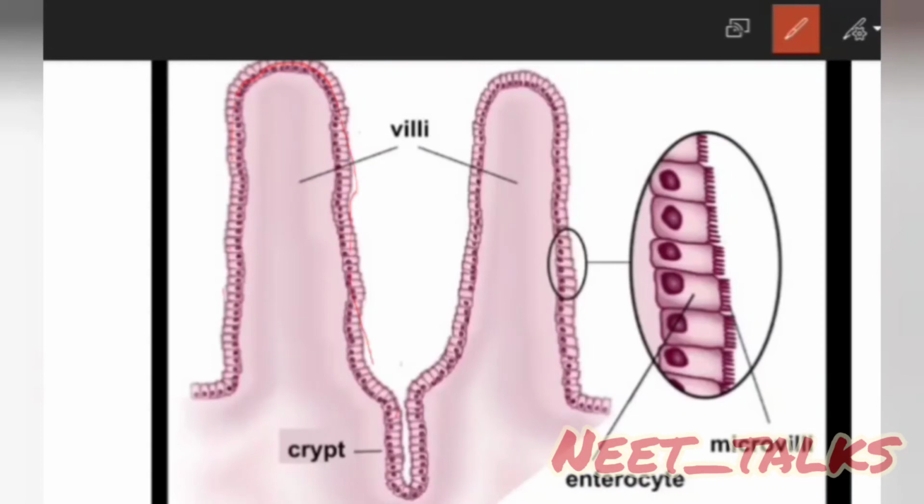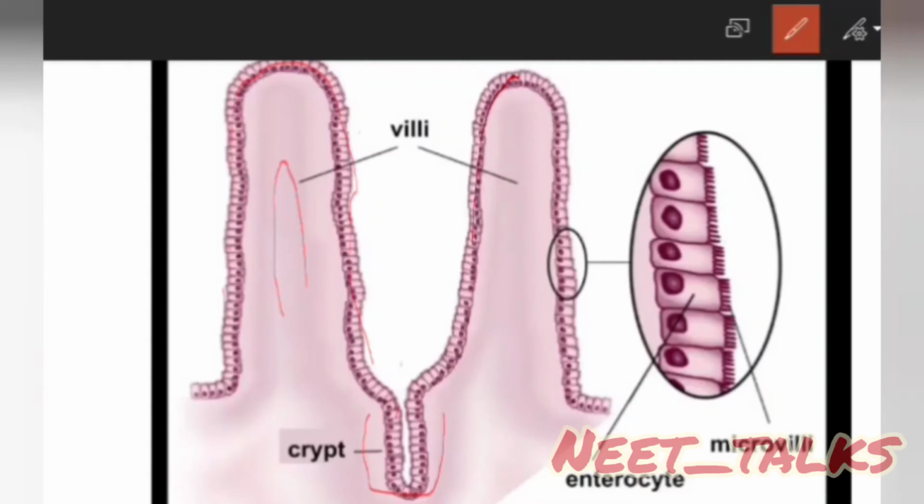So it has an upward projection, that is the villi, and also some depressions in between the adjacent villi, that is the crypts of Lieberkuhn, right? The crypts of Lieberkuhn. Now this is lined by the epithelial cells.